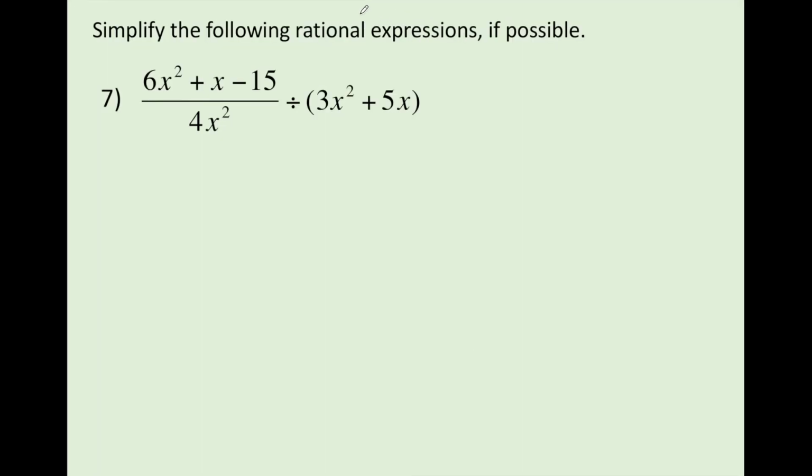Okay, problem number 7. Division problem. Put this over a 1, just like we did the last problem when we did multiplication. Let's turn this to multiplication. Use a reciprocal factor. Come back and check your answer.